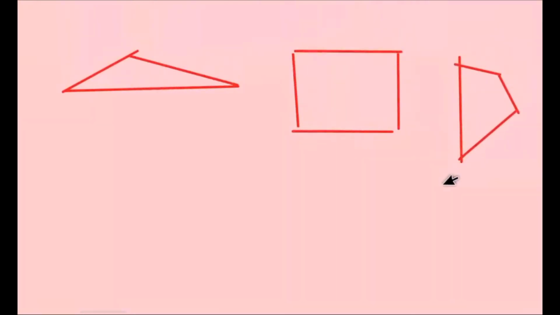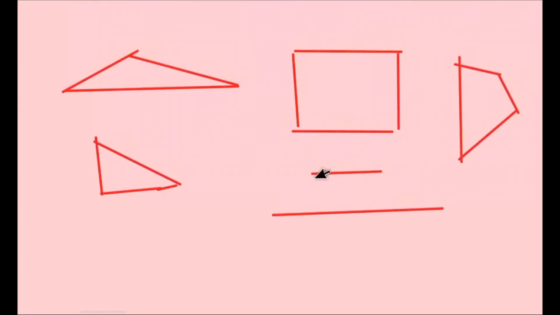This is also a quad. These are the four sides. Similarly there are different types of triangle and different types of quad. Here is a quad. This is also a quad. So we will learn the different shapes of triangle and different shapes of quad. We will measure the perimeter of these types of shapes.